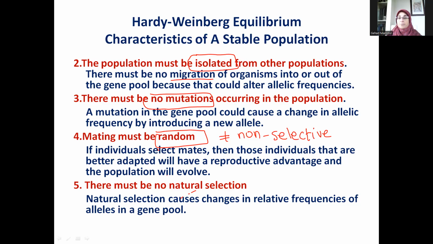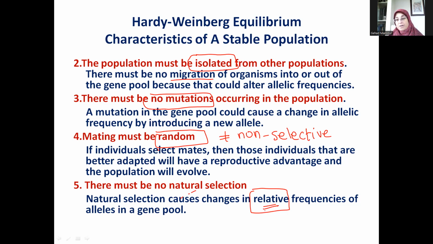So mating must be random to keep the population stable, because if mating becomes selective, then there would definitely be a change in allele frequency. And of course, there should be no natural selection, because natural selection does not diminish the number of variants, as we said before.